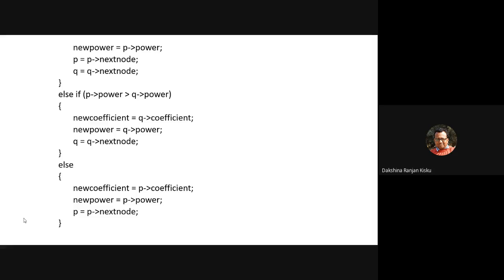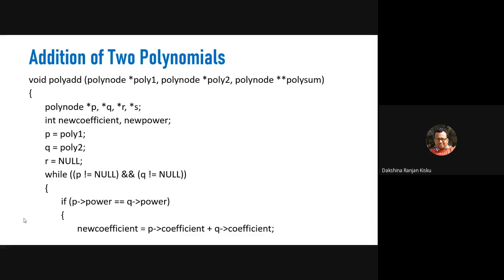So that means here we can have three cases. In the first case, we will check whether the exponent part of the non-zero term of the first polynomial and second polynomial is found to be equal or not.